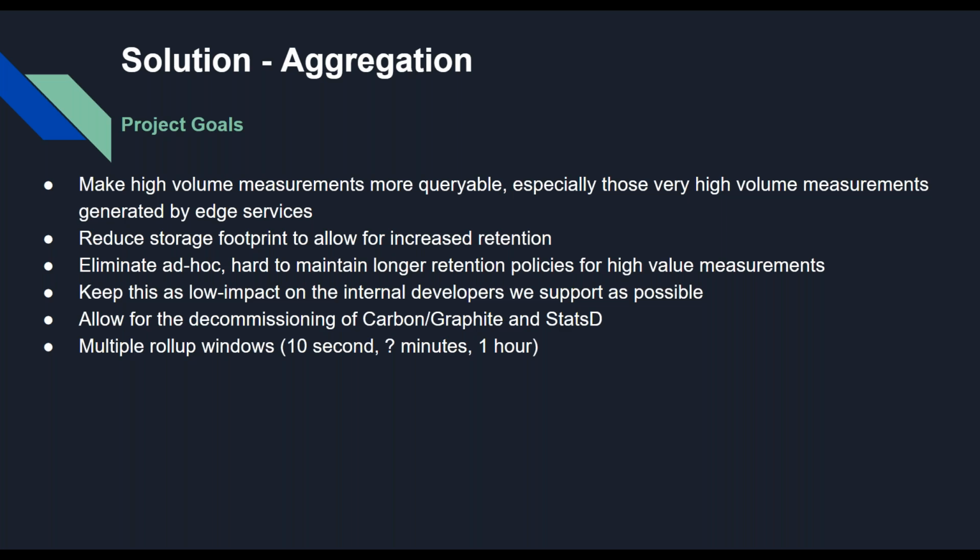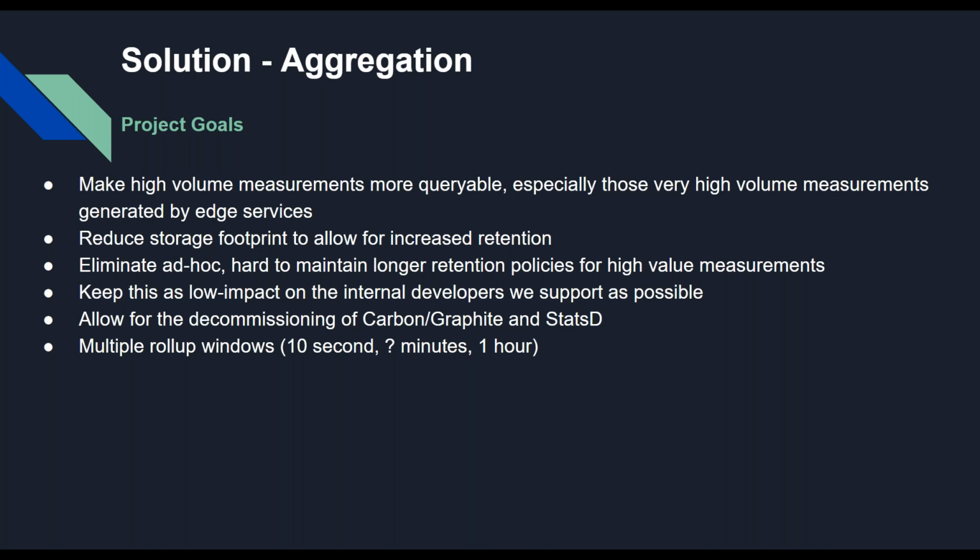We also wanted to reduce our storage footprint and have more predictable storage for overall long-term capacity planning for capital expenditures. And we wanted to get rid of those specific retention policies that we created for a handful of teams, because we were getting to the point where we had 6 or 7 of them, and we knew that was going to be incredibly hard to maintain for a long period of time.